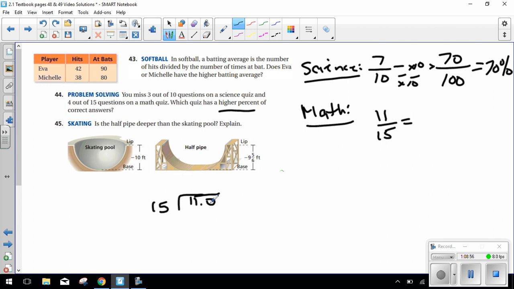So how many 15s into 110? So 30, 60, 90, 6 to get 90. Add a 0. So bring this decimal here. So 15 into 200, so 15 times 6 is 90.